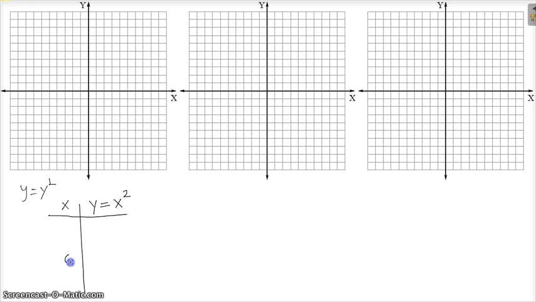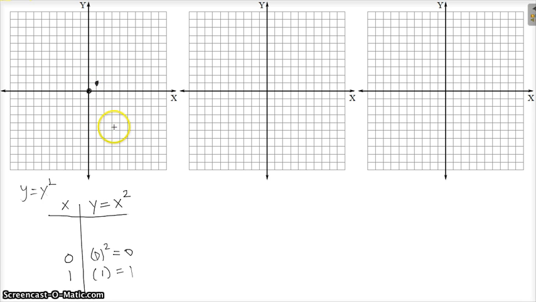If I pick 0 and square that, that's the easiest one to square because 0 squared is just 0, so I'm going to put a dot there. Now I'm going to square 1, which is fairly easy to square as well. That's 1, so I'm going to put a dot there.